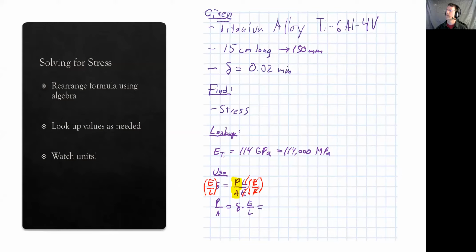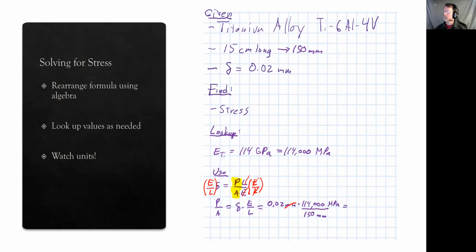All right, and we've got our delta up here of 0.02 millimeters times 114,000 megapascals, and all of that over L, which is 150 millimeters. Okay, so let's look at the units on that.